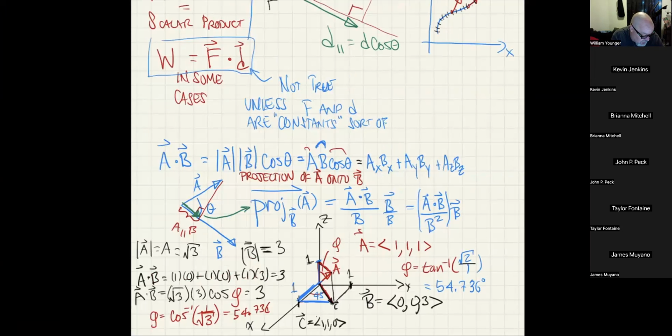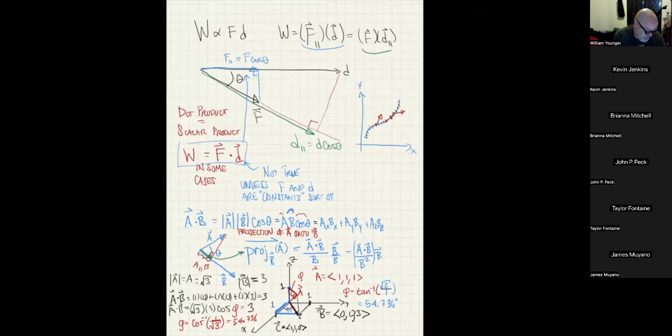So can anybody tell me what they think the angle between A and C is? Square root of 2. You're right about the magnitude, but what I'm asking about is the angle. I meant 45.